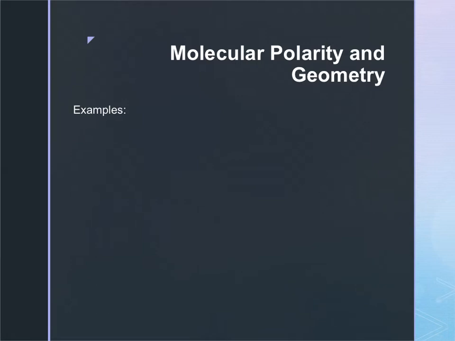So some of the different shapes we learned about was linear. An example of this would be carbon dioxide. Okay. So that's linear, it forms a straight line. Bent is water. That's a classic example you just have to know.